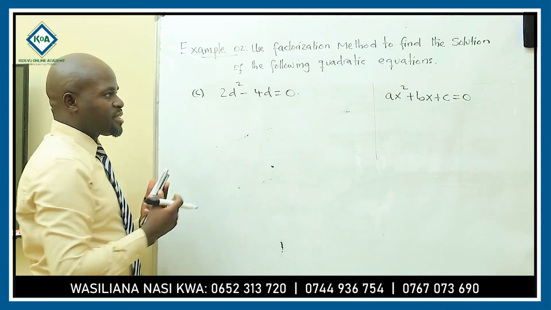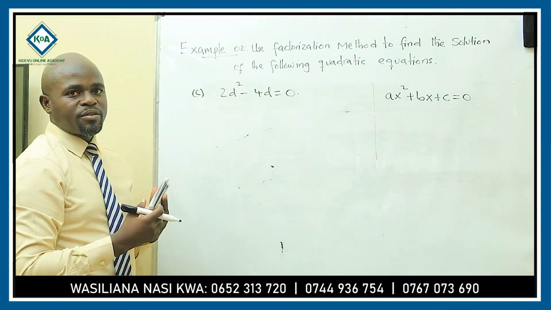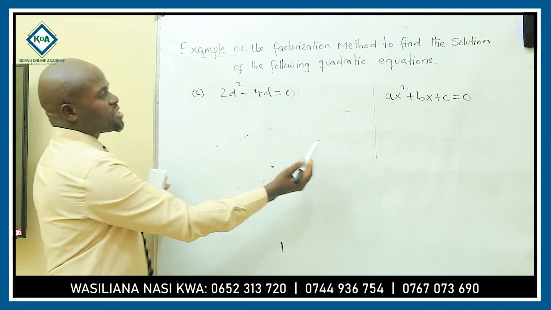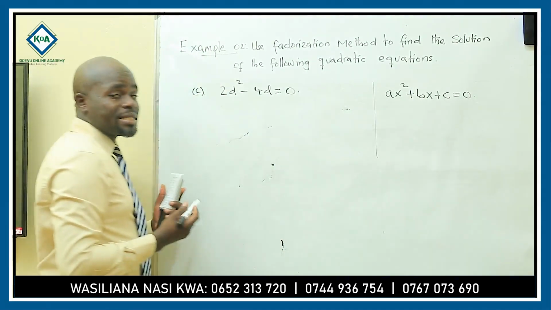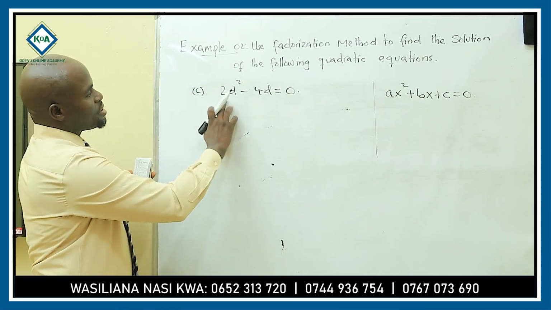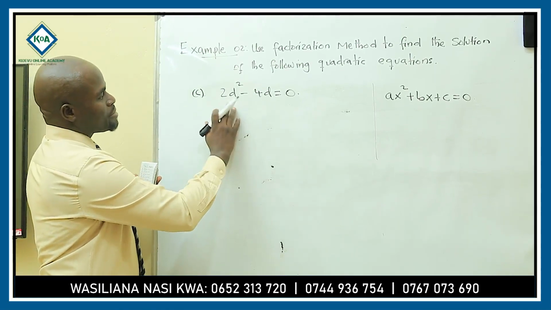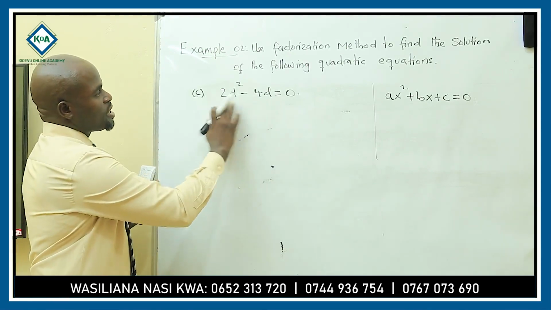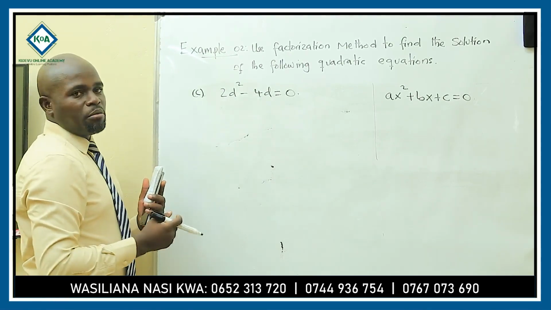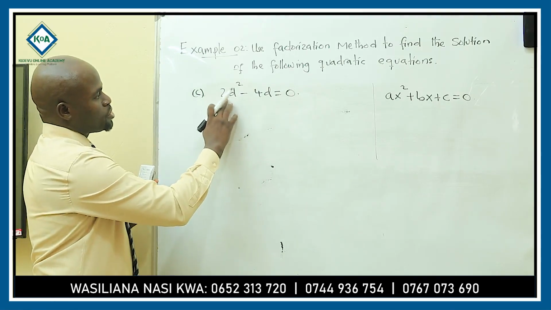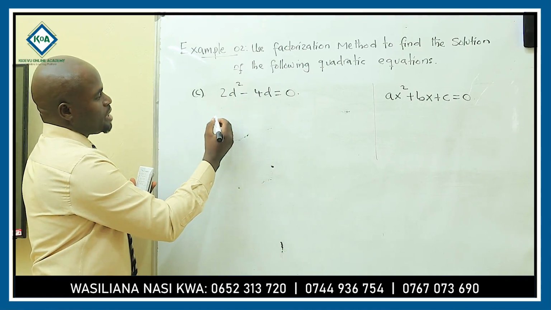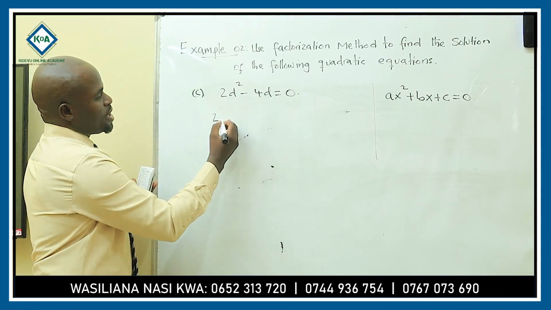How can you find the factors? It is very simple. All questions which are missing c, we have to factorize like this. First, we observe these terms. We have 2d squared minus 4d is equal to 0. So first, we find the common number in 2d squared and 4d. If you observe here, the common factor will be 2d.